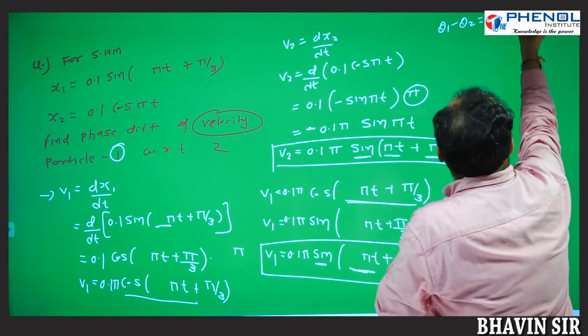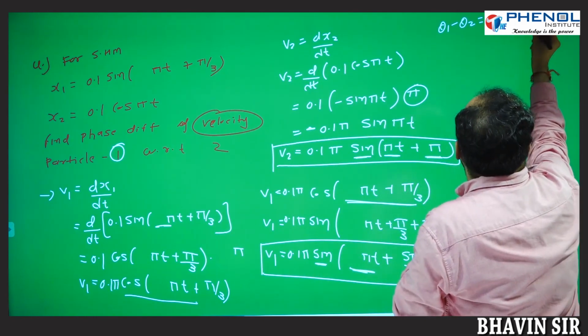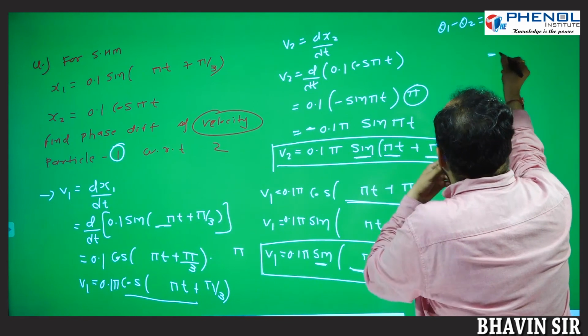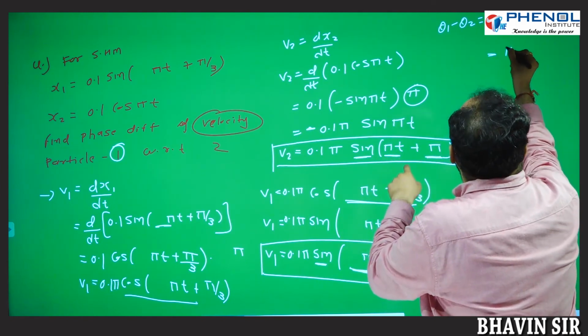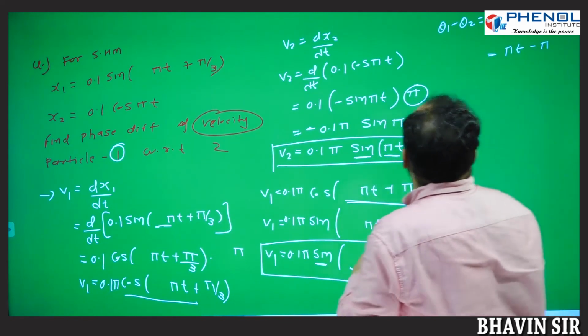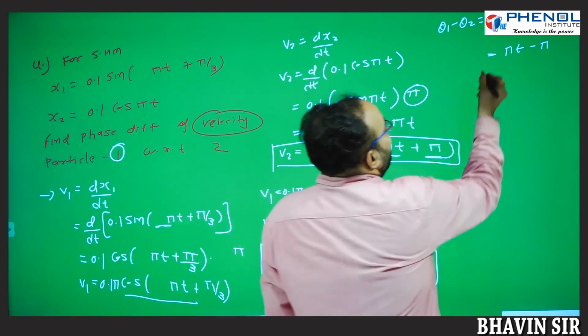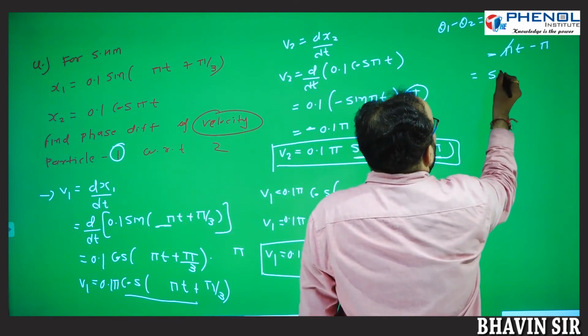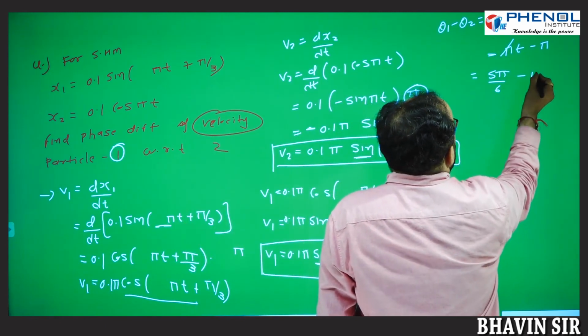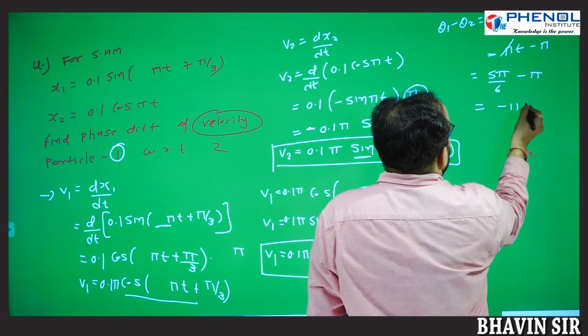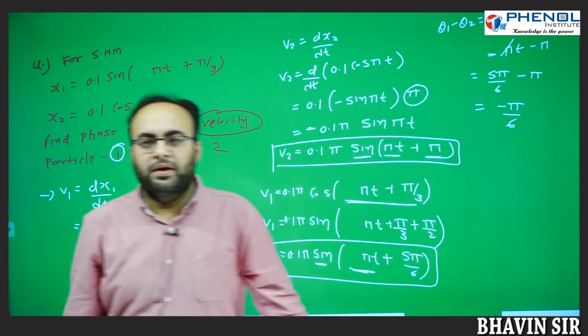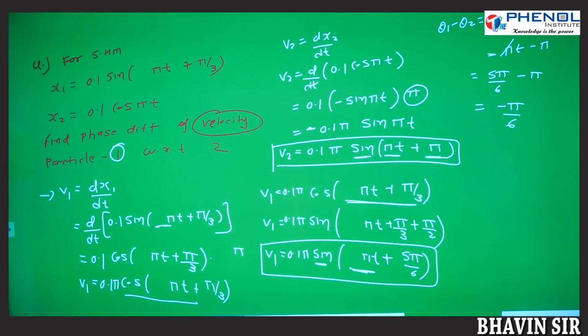Pi t plus 5 pi by 6, minus pi t plus pi. The pi t cancels, so 5 pi by 6 minus pi. Okay, chalo. So in this way we can find the phase difference of velocity also.